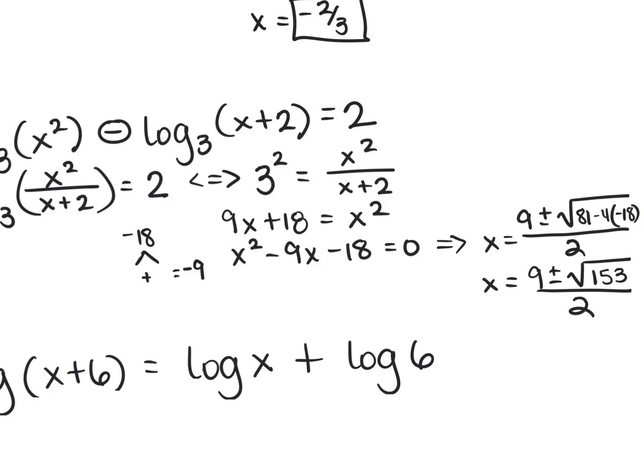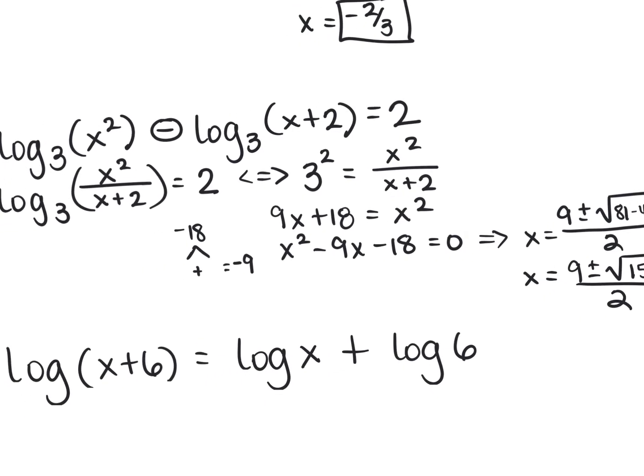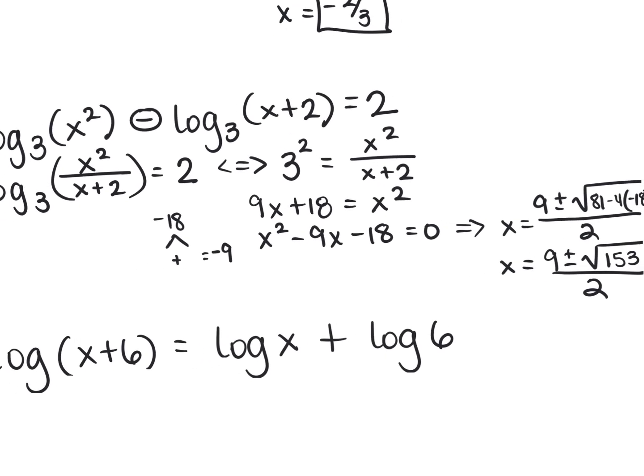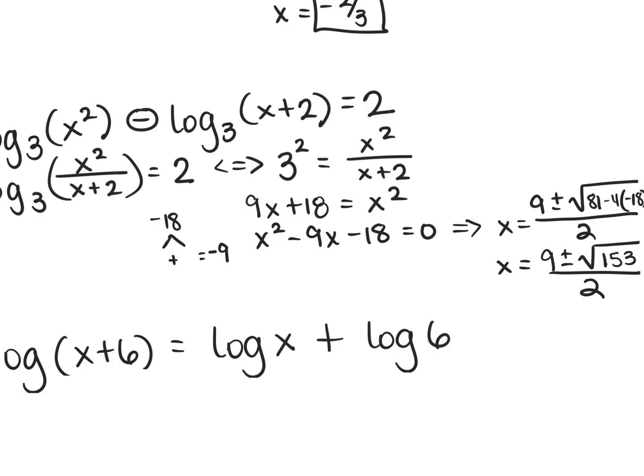So I need to figure out if the square root of 153 is bigger or smaller than 9. It is actually going to be 12.36. As I'm looking at this, it's going to be determined based on whether it's big enough.